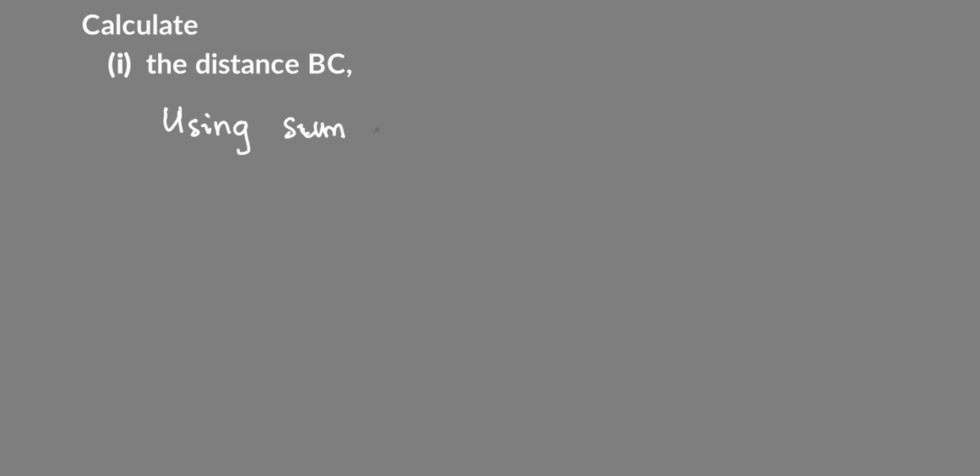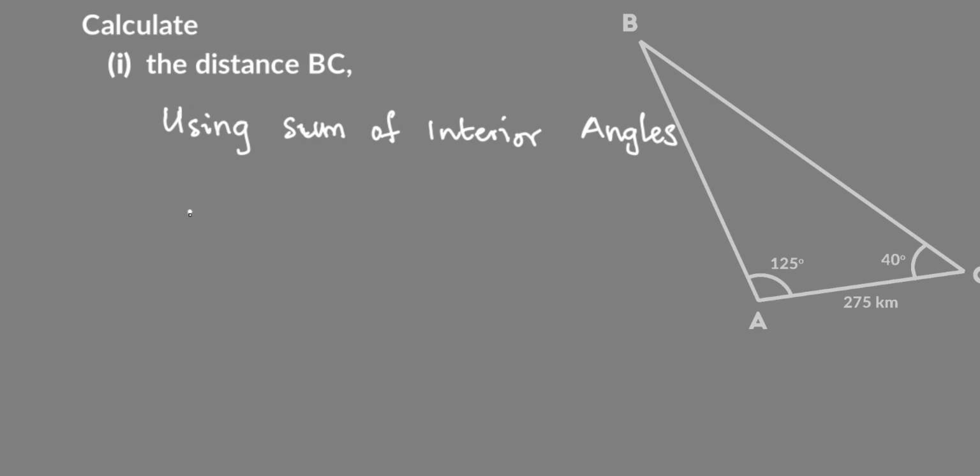So using the sum of interior angles, we know that if we add angle BAC, we also add angle ACB, then we add the remaining angle CBA, which we want to find, we're going to have 180.